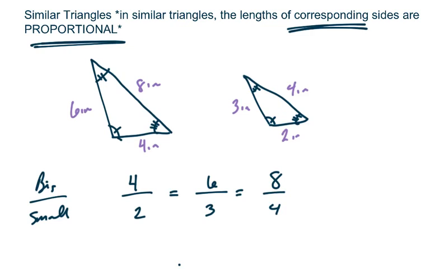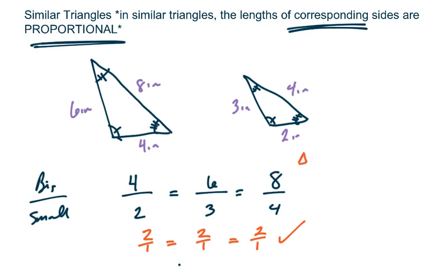Now, when I reduce these, I want them all to come out to be the same. That would tell me that these two triangles are similar. So 4 over 2 reduces to 2 over 1. 6 over 3 is also 2 over 1. And 8 over 4 is also 2 over 1. That's what I want to happen to say that these two triangles are similar.